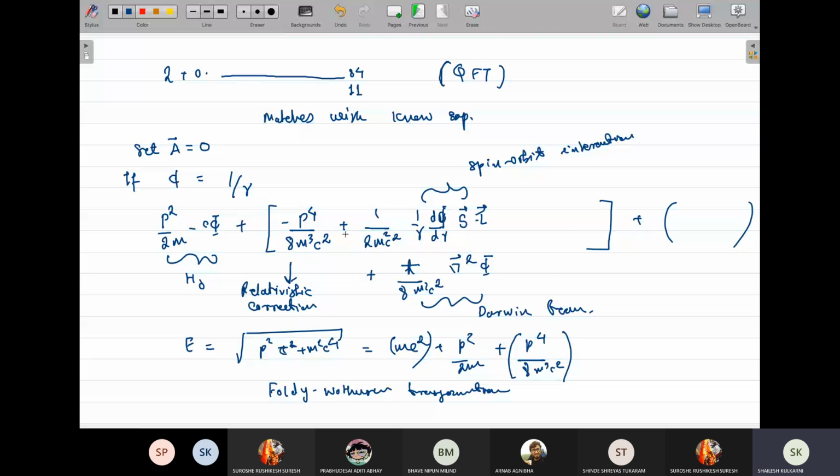So if you apply perturbation theory with this as the perturbing Hamiltonian, then the splitting which you get in a given energy state matches with the experiment.